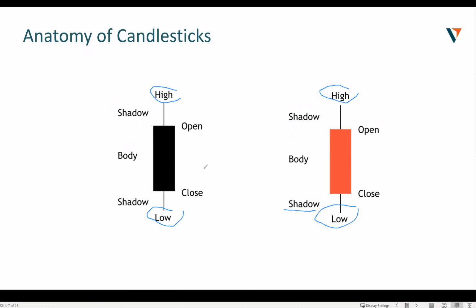In a bearish candlestick, you have the open price being higher than the close price, so basically price would close lower. What this also shows you is that you have sellers coming in, and they manage to hold prices and push prices much lower than when it first started. Again, the images that you see over here, the one on the right and left, are the same ones, just in different colors.